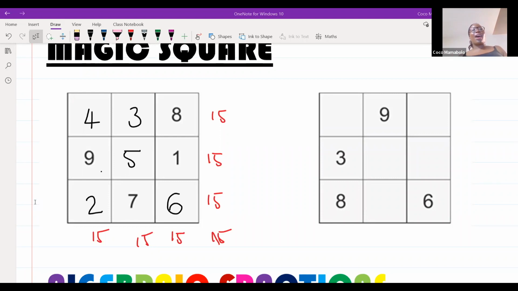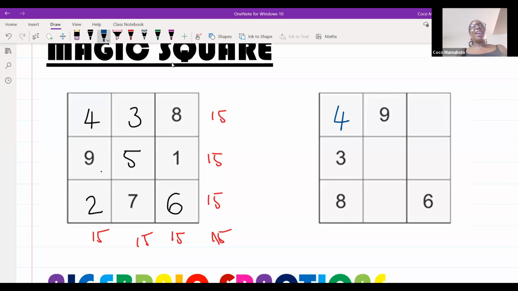Okay. So I see somebody say here, 8 plus 3 plus 4. Tlotlo, I agree with you. So I'm going to put a 4 over here, because 4 plus 3 is 7 plus 8 is 15. Excellent. Roma says 4 plus 8 plus 2. Roma, that would give us 14 and not 15.